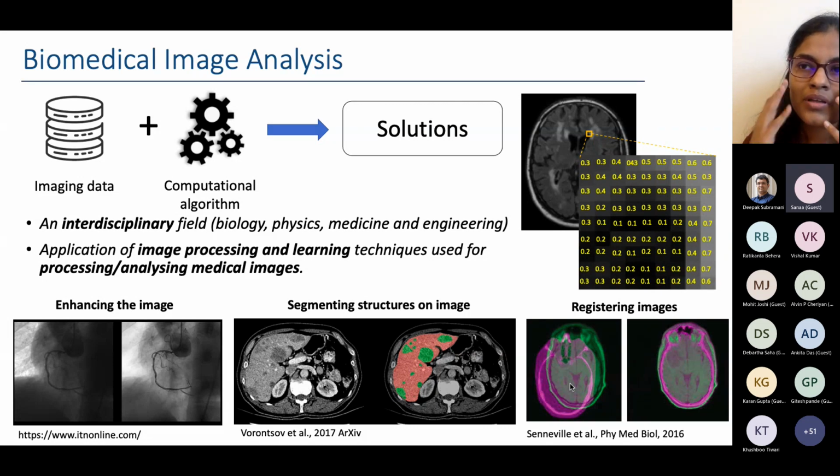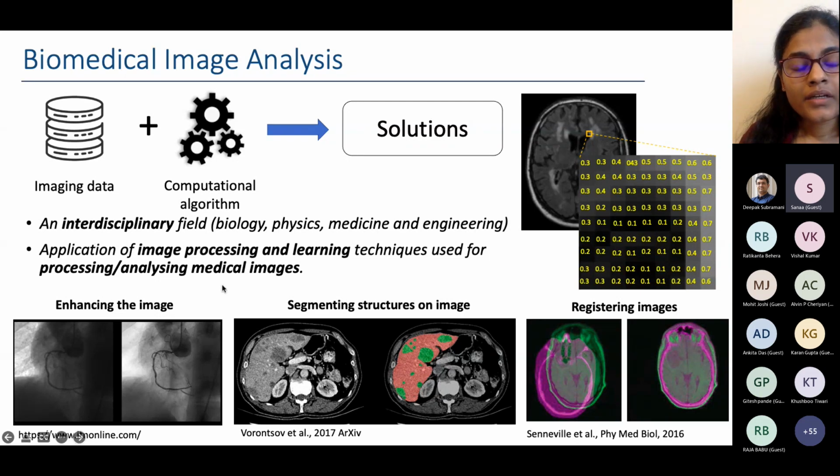So what can you understand from here, right? So medical image analysis can be conceptually explained as an application of image processing and learning techniques on medical images, or any images, but we are dealing with medical images, for getting clinically useful information. So the structure here we segment, that's clinically useful because the clinician can know where the liver is.